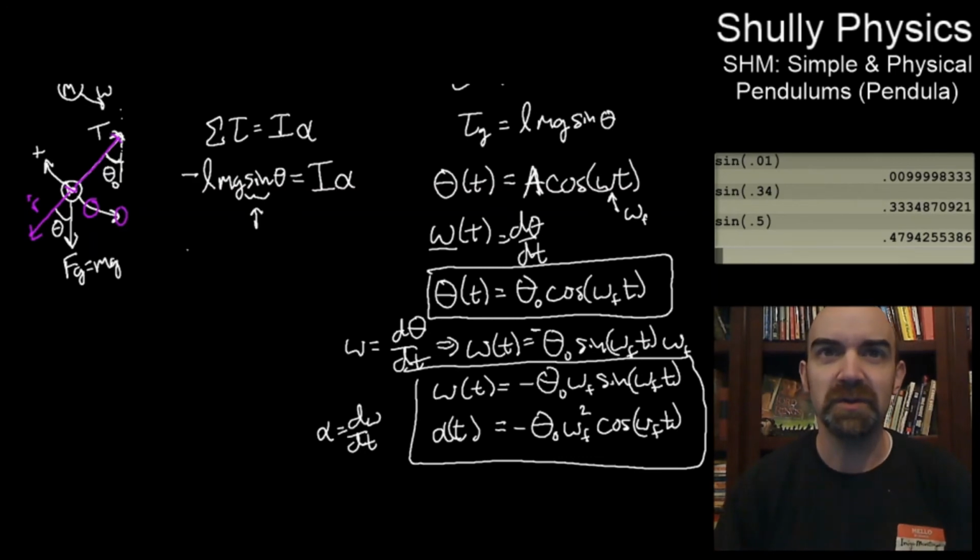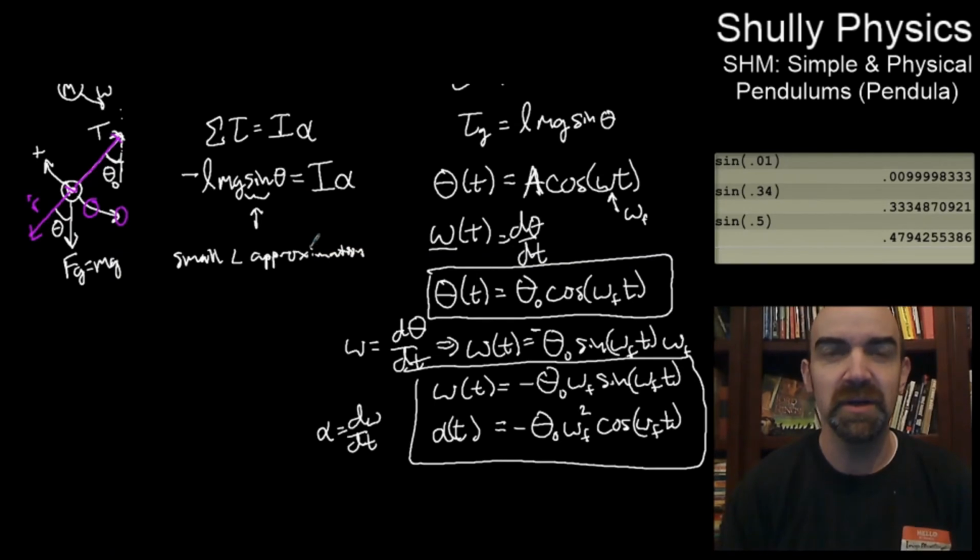What I'm trying to really talk about here is something called the small angle approximation. If you ever hear that phrase, using the small angle approximation, that's what this is referring to. It's the fact that with small angles, sine of theta is approximately equal to theta itself.